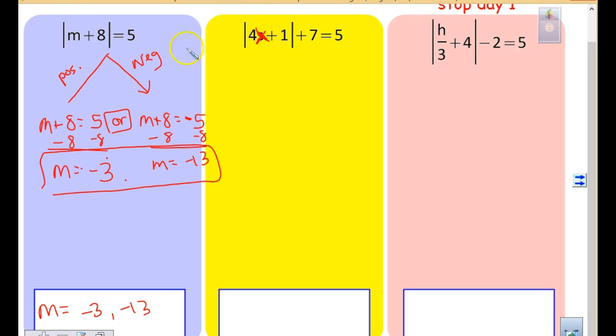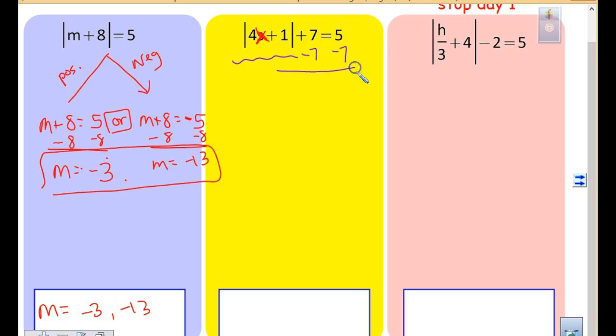It already was isolated. Greta, what do I need to do if I want to isolate that absolute value at 4x plus 1? I want to get this all by itself. I'm going to subtract 7 on both sides, right?